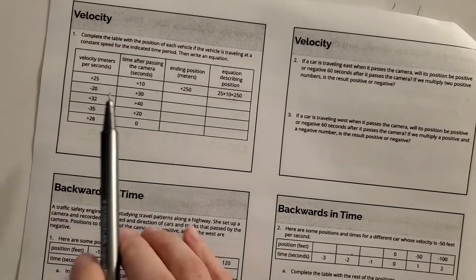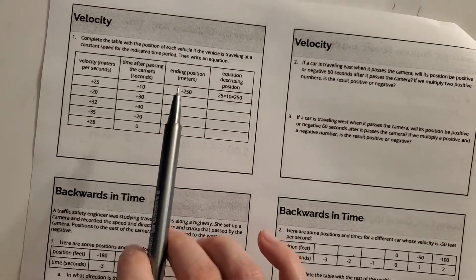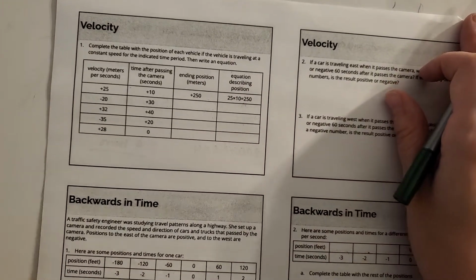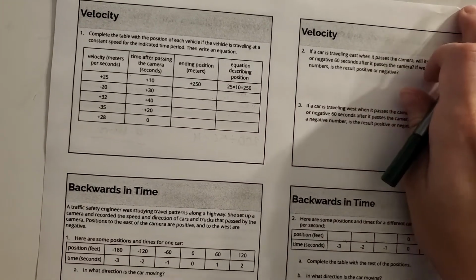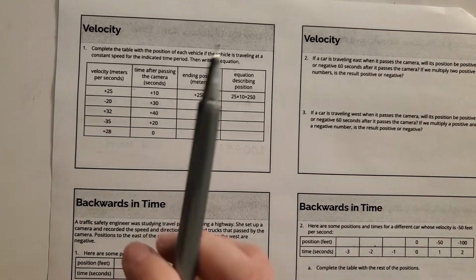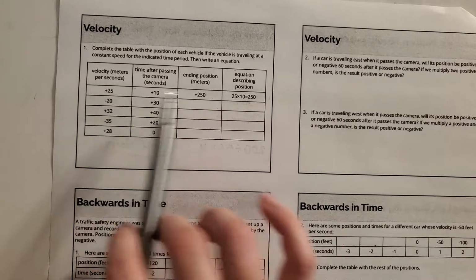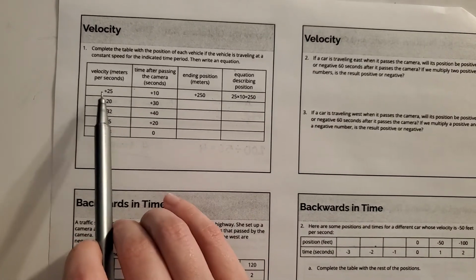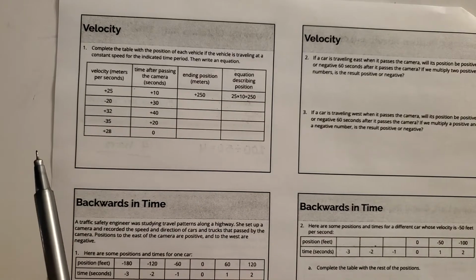So we are going to fill out this table to show the ending position and writing equations of the cars that the camera saw. And so the first one is done for us. So the velocity was positive 25 meters per second.